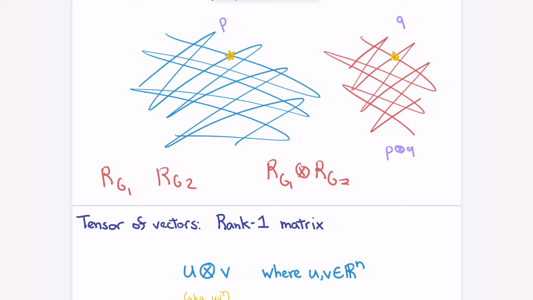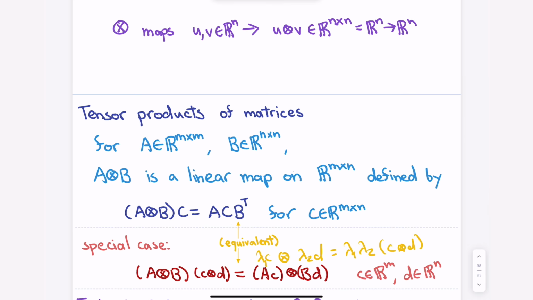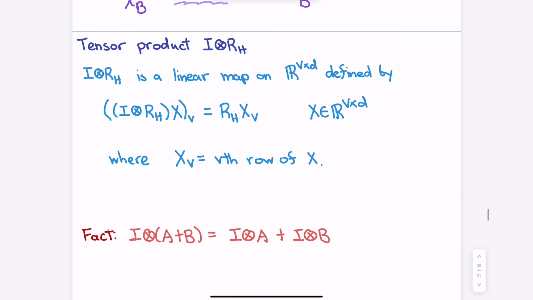But if you apply that into here, you'll get RG1 P, RG2 Q. That's really saying, I have some distribution on the left, some distribution on the right, and then I take one step on the left, giving a new distribution on the left, and one step on the right, giving a new distribution on the right. By linearity, that will then cover all distributions on the product graph.